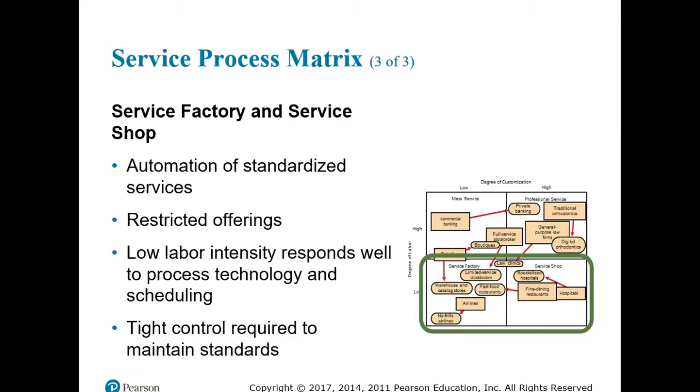Now, the quadrants with low customization tend to be, 1, standardize or restrict some offering as do fast food restaurants. 2, they automate as have airlines with ticket vending machines. Or 3, remove some services such as seat assignments as has Southwest Airlines. So offloading some of the aspects of the service through automation may require innovations in process design, and such is the case with airline ticket vending, your self-checkouts at places like Home Depot, and bank ATMs.